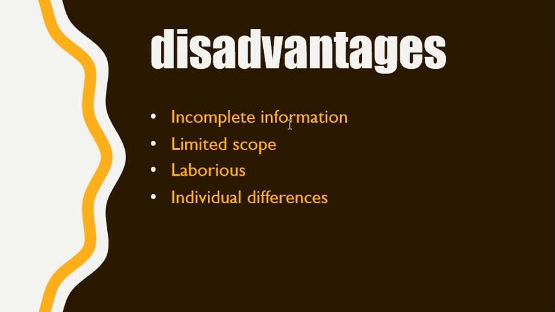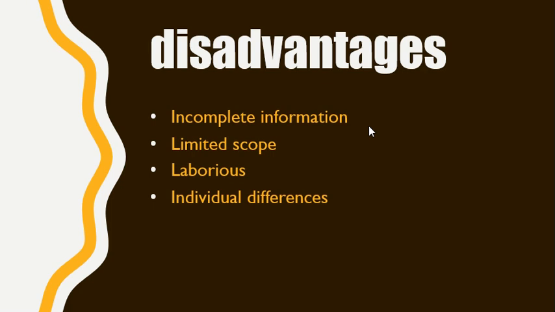Incomplete information. Okay, how? This is a useful method to study the behavior of the individual we know, but at the same time, when it comes to the study of normal people, this method does not work effectively. How? Because the external behavior changes. Like I said before, external behavior or the mind process is always changing. There is always a flow of thought.